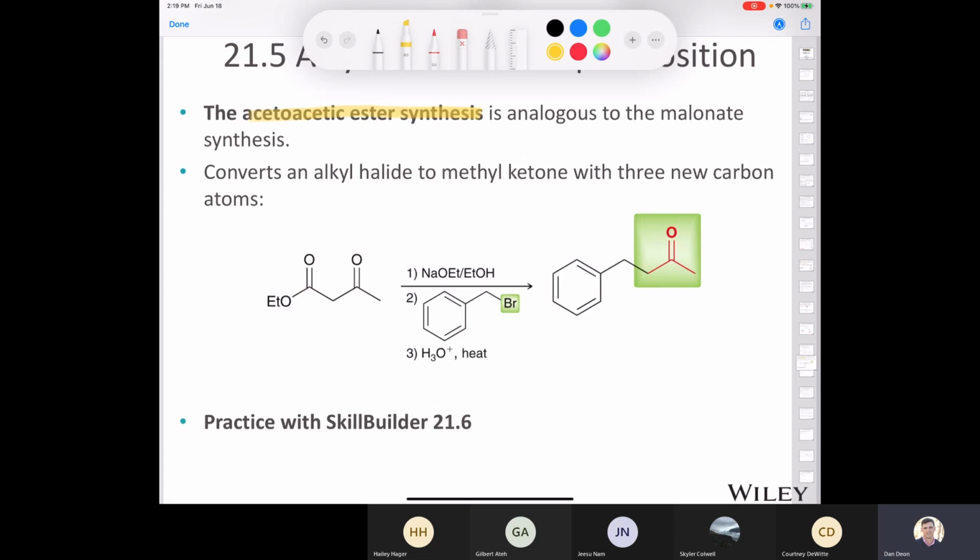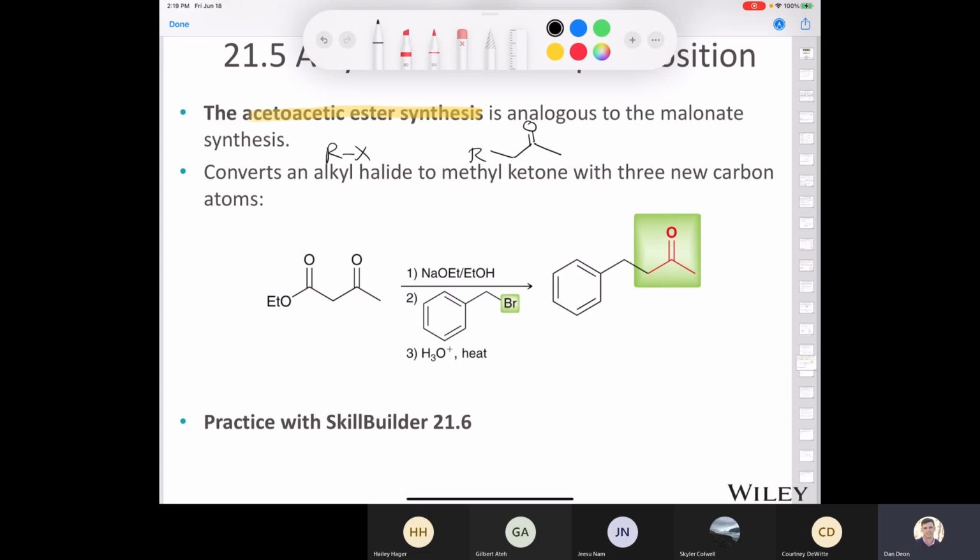But now we're going to take our methyl ketone, okay? We're going to take our alkyl halide, and we're going to convert it into a methyl ketone. So we're going to go from RX to R, and then we're going to have a methyl ketone like this.